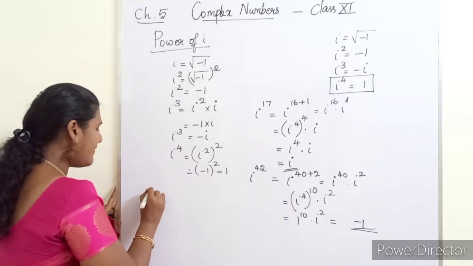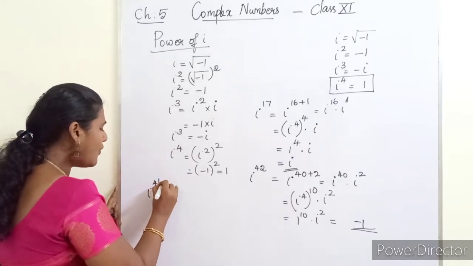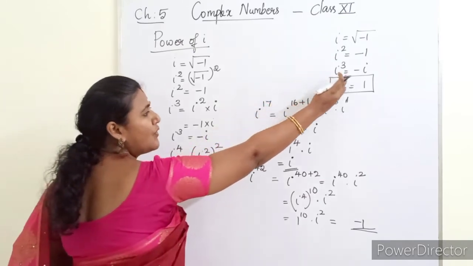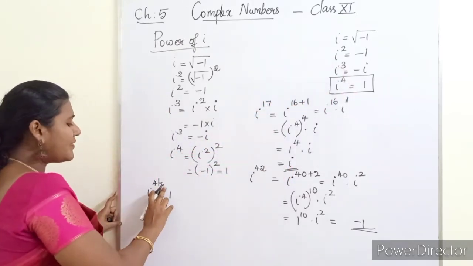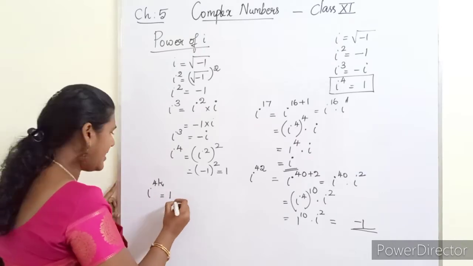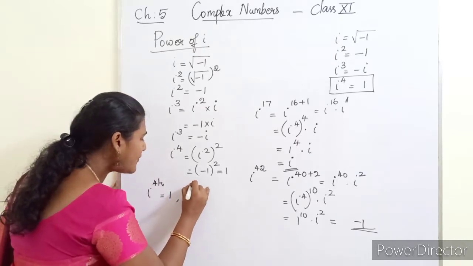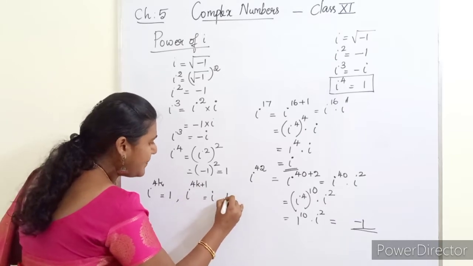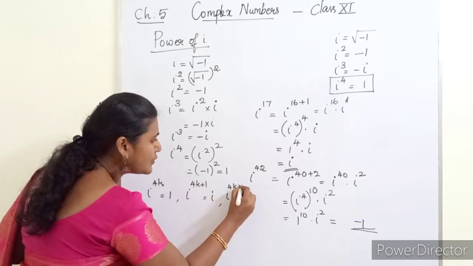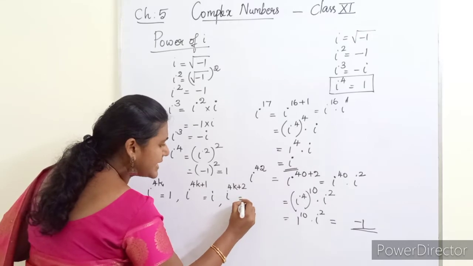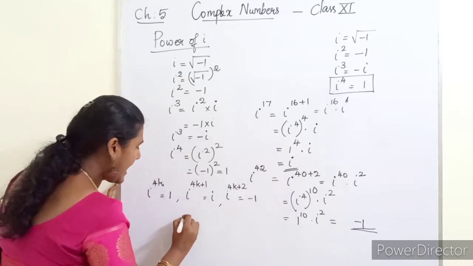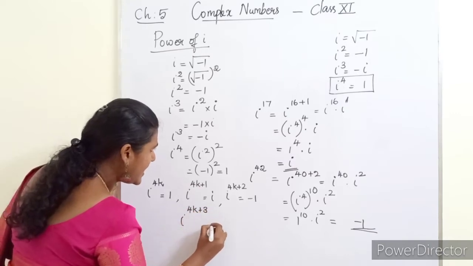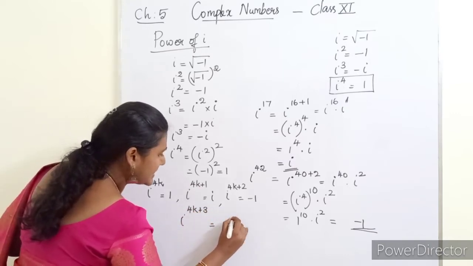So in general we can write i power 4k will always be 1, because i power 4 value is 1. Now i power 4k plus 1 will be i, and i power 4k plus 2, as in the example we have seen, is equal to minus 1, and i power 4k plus 3 is equal to minus i.